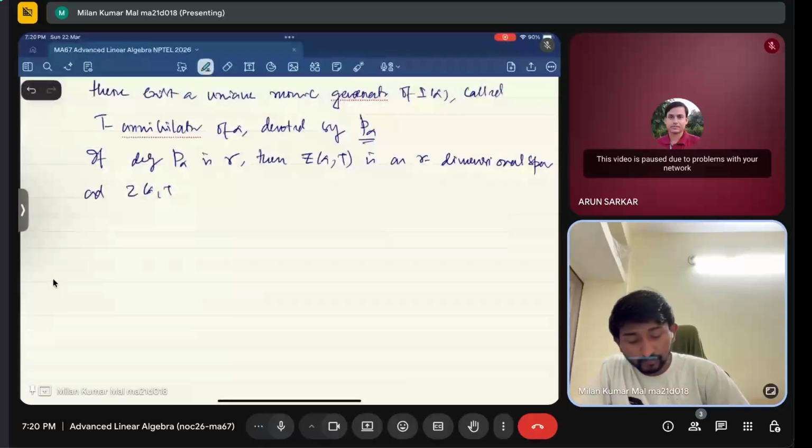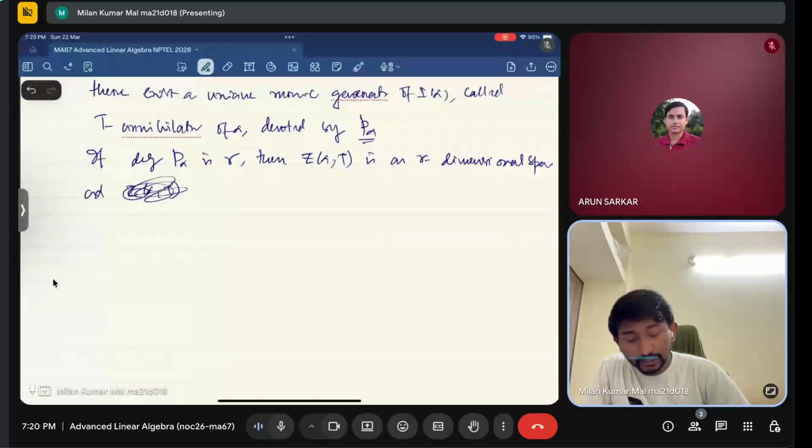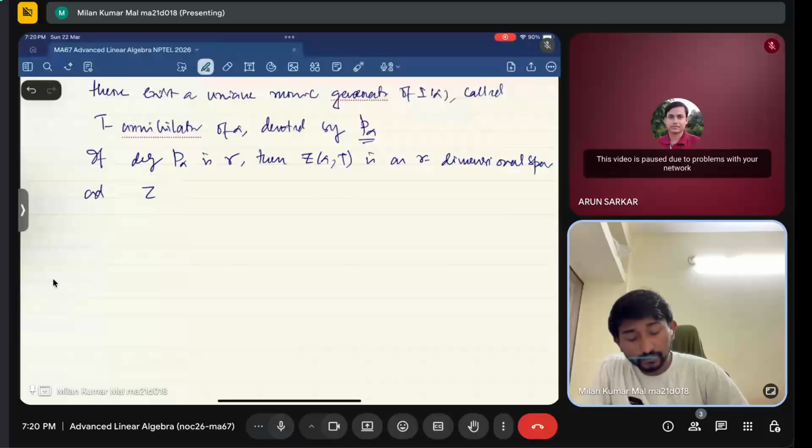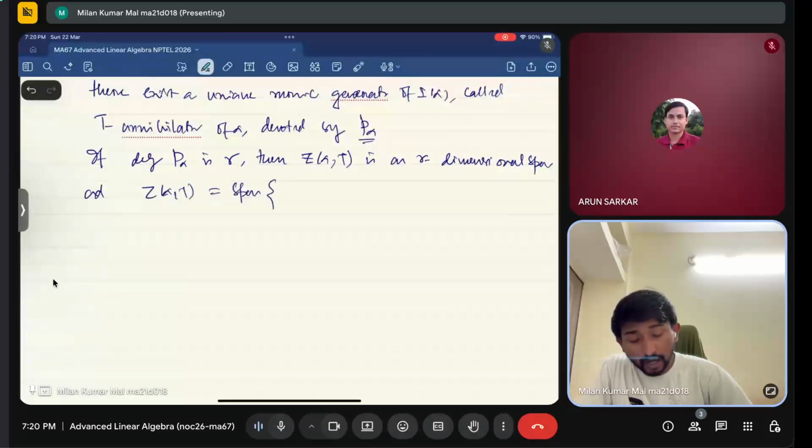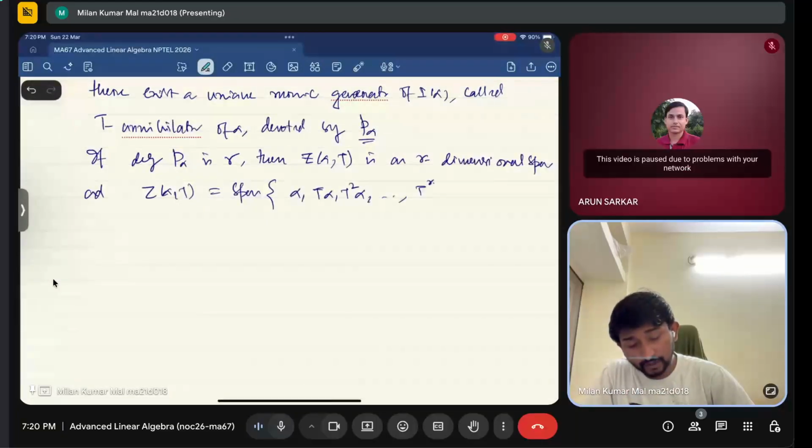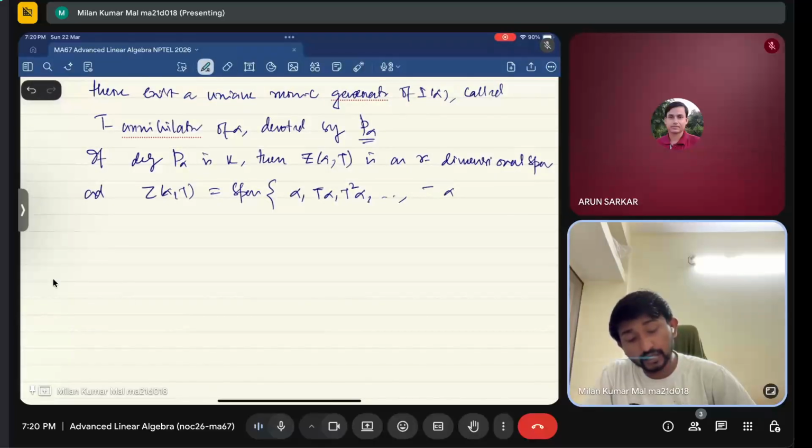Z(alpha; T) is actually the span of alpha, T alpha, T square alpha, all the way to T to the power r minus 1 alpha. Basically, let's take this as K, T to the power K minus 1 alpha.